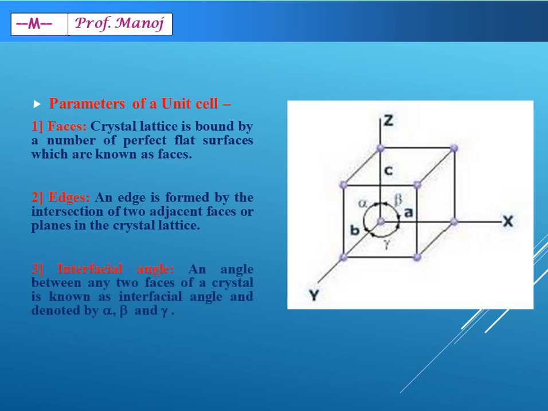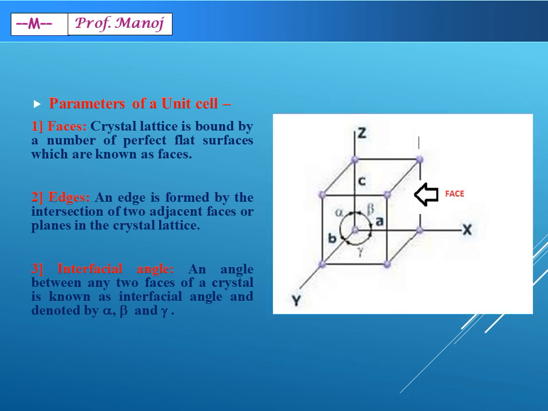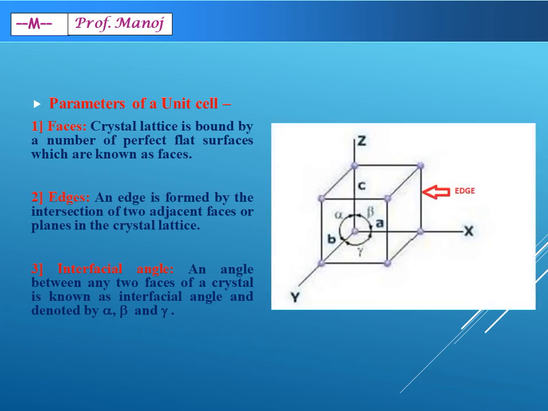Interfacial angles are obviously three. The one written in the diagram as alpha is the angle between the y and z axes. Beta is between the x and z axes, and gamma is between the x and y axes. Let us see these concepts once again. Faces, you can see I have marked a face over here. Then there could be an edge, and the interfacial angles are already marked in the diagram.